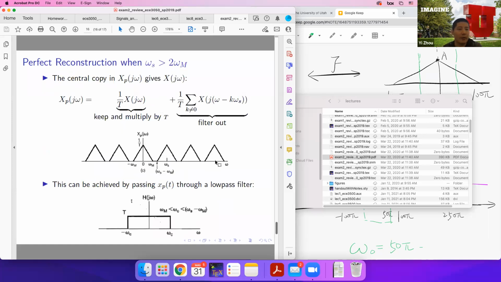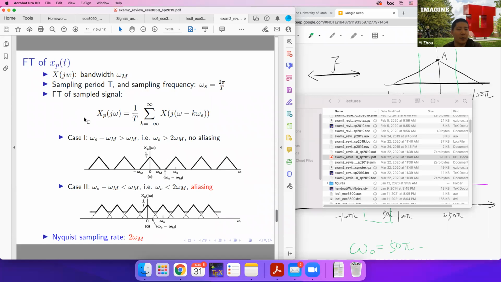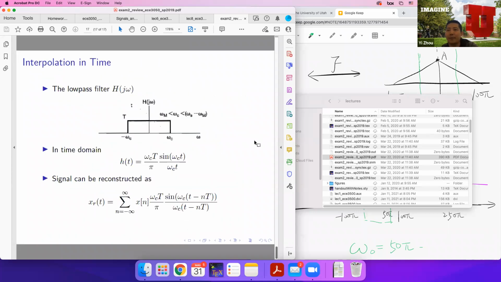Yeah, you should be able to plot and visualize the spectrum of the sampled signal and then determine the Nyquist rate from there. Okay. So I think that's all I want to say about the midterm exam.